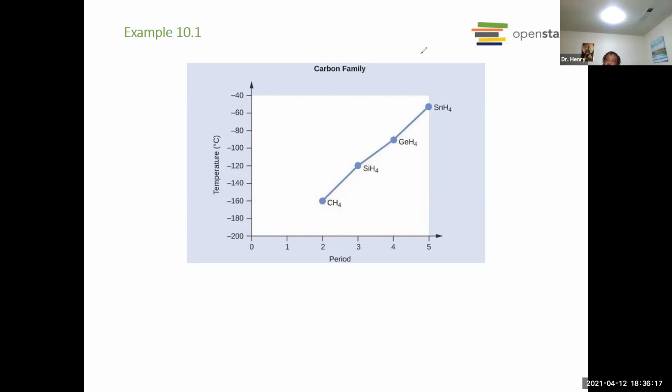If you look at this, these are the different periods, and this is the boiling temperature of each of these. Minus 150 degrees Celsius would be our boiling temperature for methane.